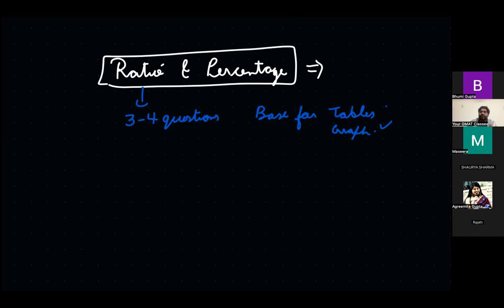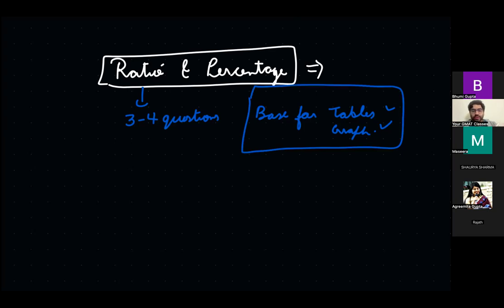All the tables and graph kind of questions have a base of ratio and percentage and statistics. Like it's not just ratio and percentage, it's also statistics. So the tables and graph questions that you get in data insight are mostly conceptually from ratio, percentage, and statistics. Those are the two topics that you need to master to get a good score.